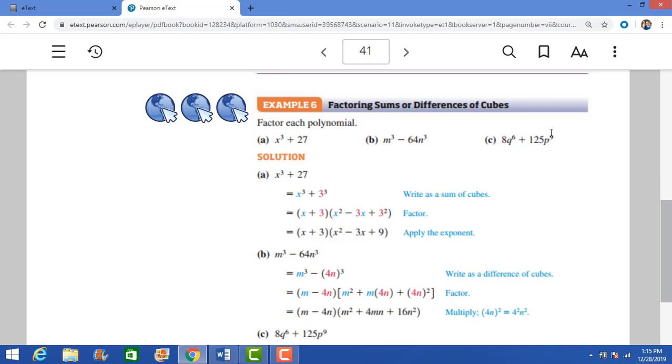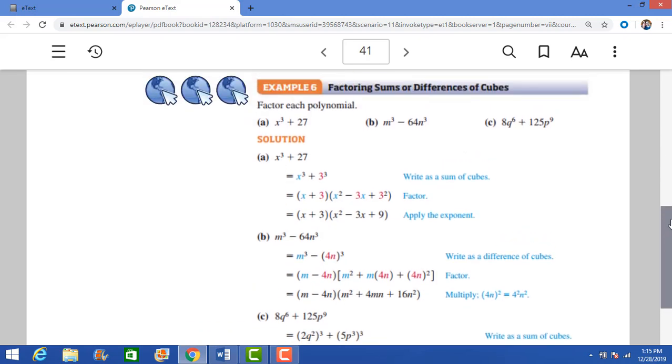Okay. And again, how can we use the power rule to rewrite p to the 9th power as a cube of some power? So it's going to be p cubed raised to the 3rd power. Okay. Once we see what our a and b are, then it becomes straightforward. So here it is.